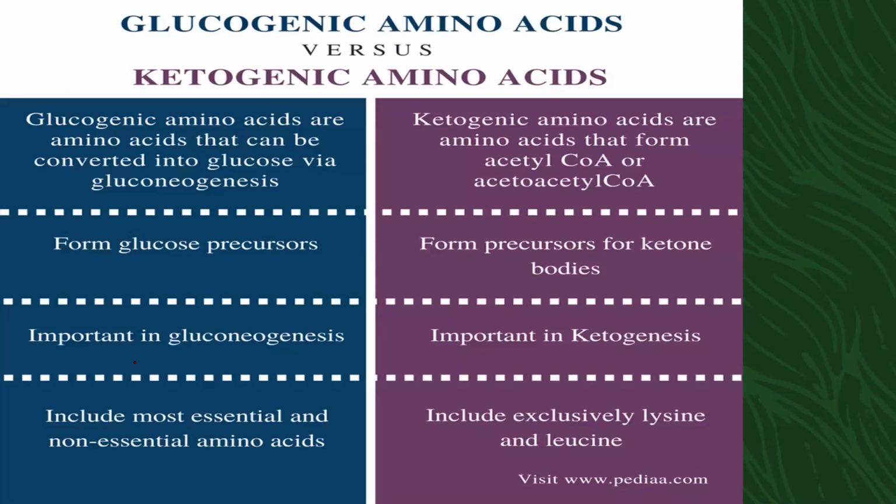Glucogenic amino acids are amino acids that can be converted into glucose in the liver via the process we call gluconeogenesis.